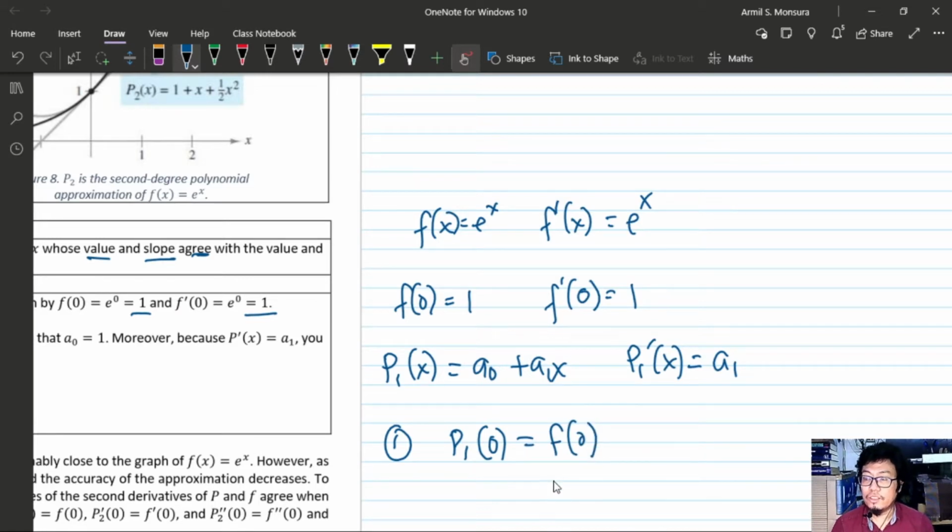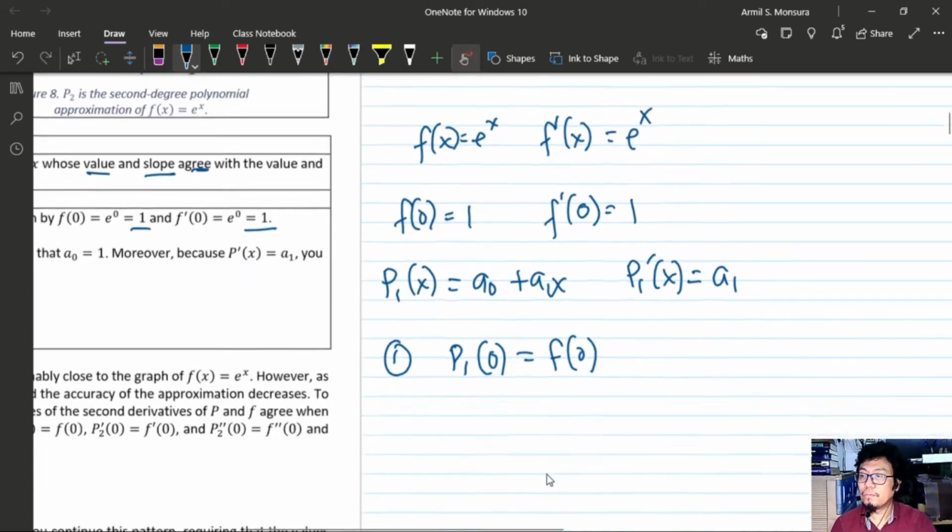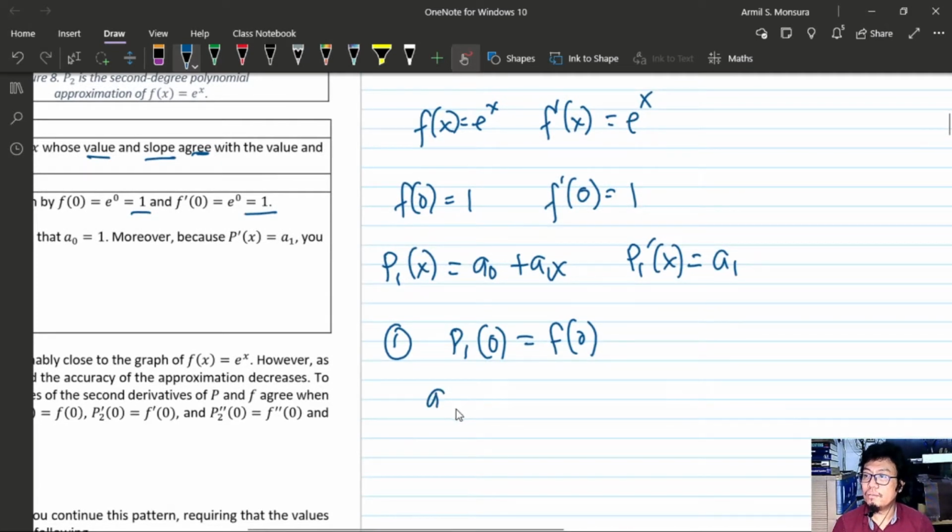So that implies a0 plus a1 times 0, because we have to substitute 0 for x here. p1 of 0 means you substitute 0 onto your x. So a0 plus a1 of 0 is equal to f of 0. But f of 0 is equal to 1, so therefore a0 equals 1. That's our first condition: a0 must be 1.